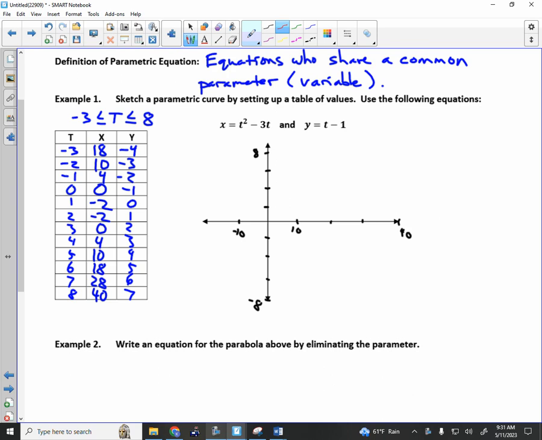So 18 and -4 for y. 10 for x, -3 for y. 4 for x, -2 for y. 0 for x, -1 for y. -2 for x and 0 for y. -2 for x and 1 for y. 0 for x and 2 for y.